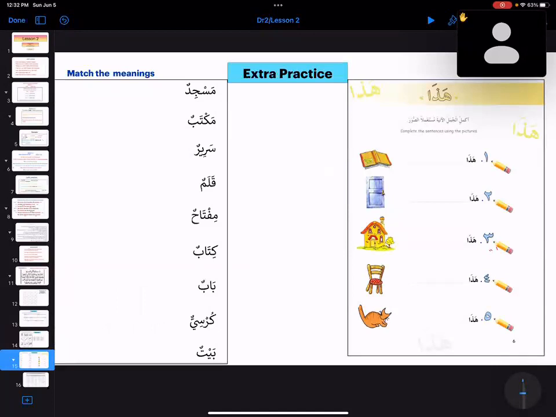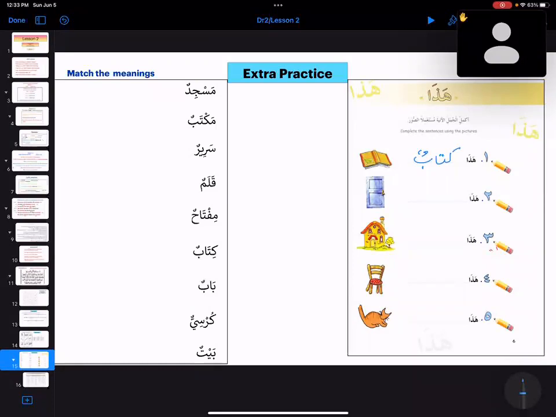Now with these vocabulary words, if you just put haza, you can make a sentence. So you say haza, first one, kitabun. So haza kitabun, now you made a sentence. What is the translation? This is a book. Haza means this is. Haza kitabun, this is a book. And next one would be haza babun, door.